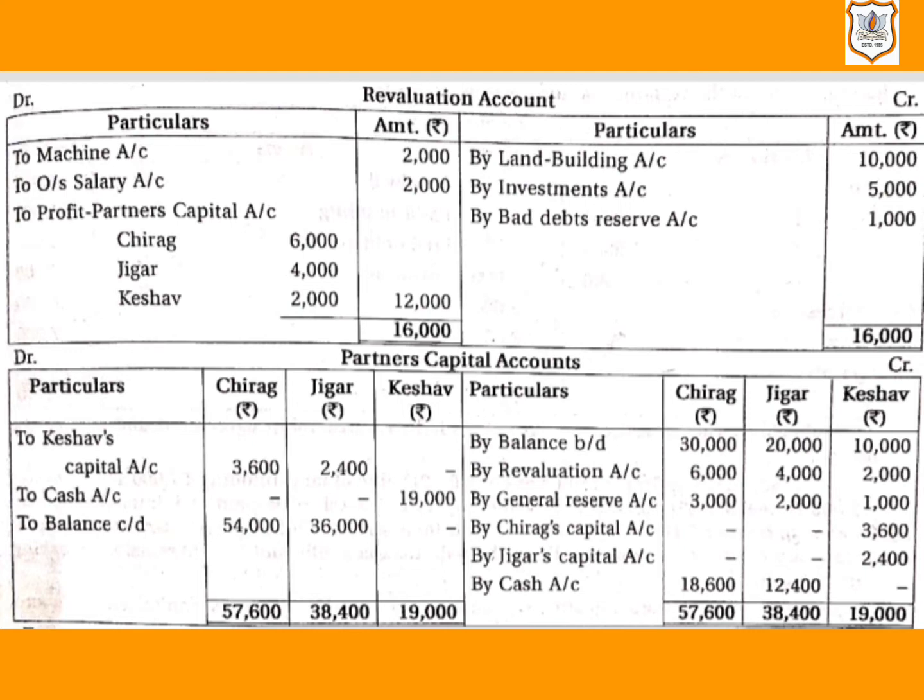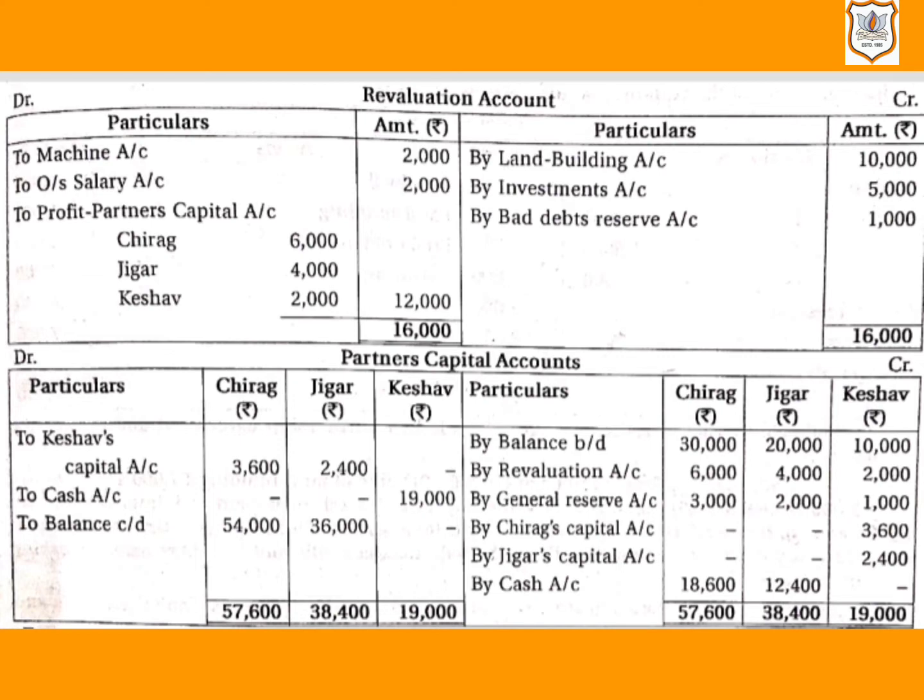continuing partners in their gaining ratio, and here the gaining ratio of continuing partners would be 3:2, which is same as their relative old ratio, because here no other information is given, like no information is given regarding new profit and loss sharing ratio, and no information is given regarding gaining ratio.